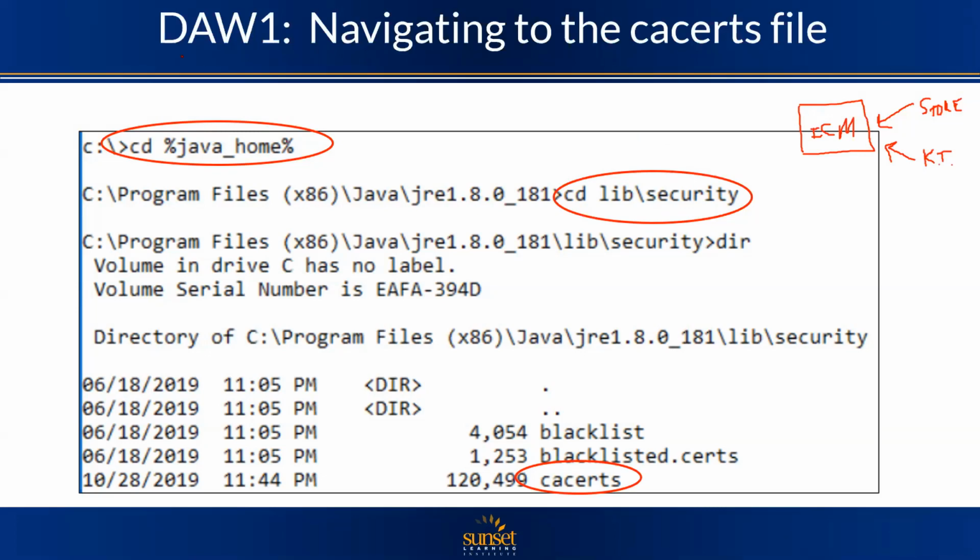First thing you notice I'm doing is I'm on my primary AW. And again, when you're trying to stand up PCCE, your primary AW is mostly where you're going to have to do quite a bit of certificate work. And what I'm doing is just using basically an environment variable here to change to the home directory for where Java exists.